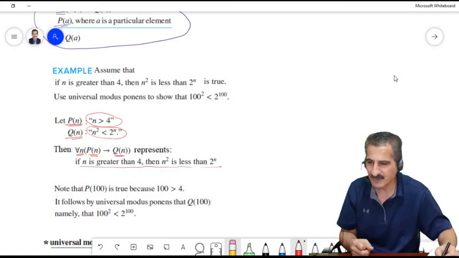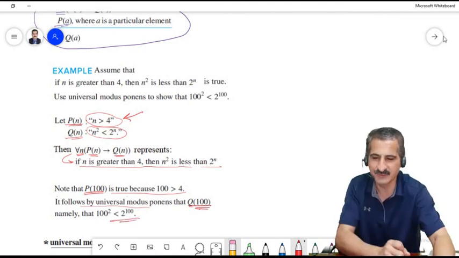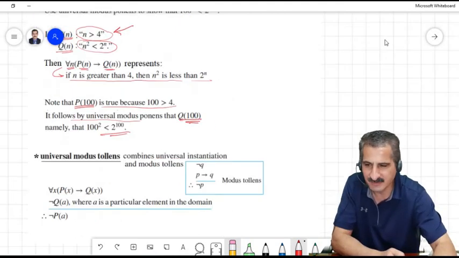So this is the statement of that. Now, P of 100 is happening, right? This is true for 100. And therefore, it follows that Q of 100 must be happening. And we have that conclusion. Just look at it, it's so easy.